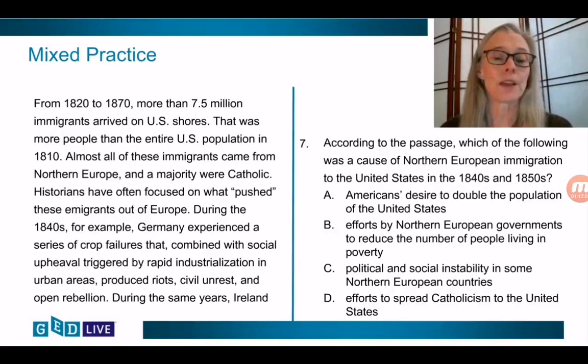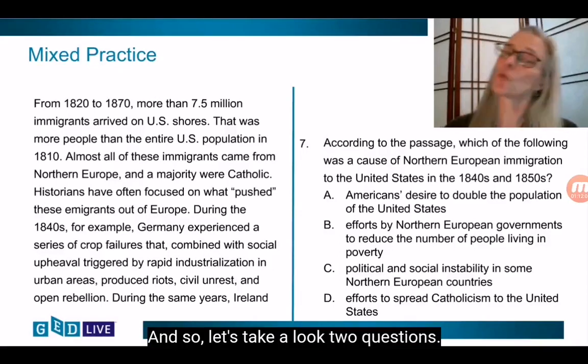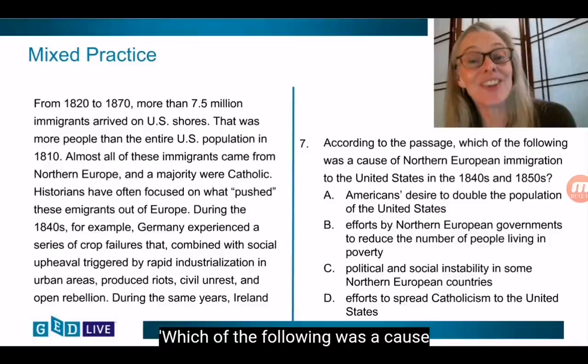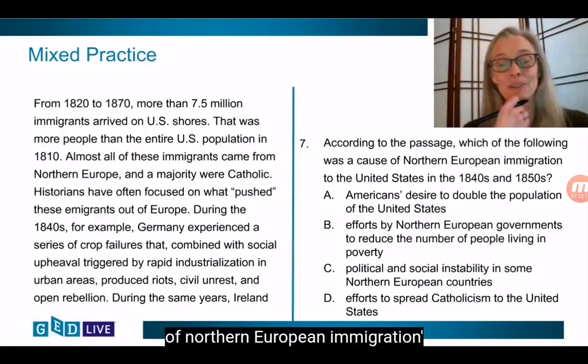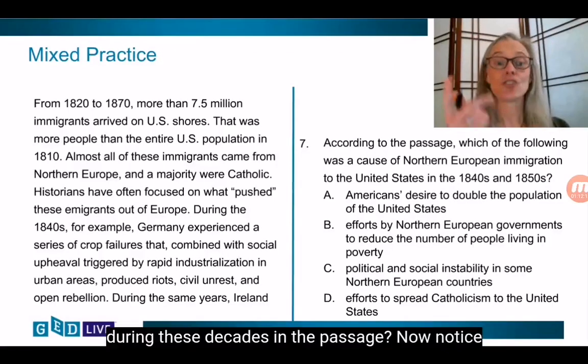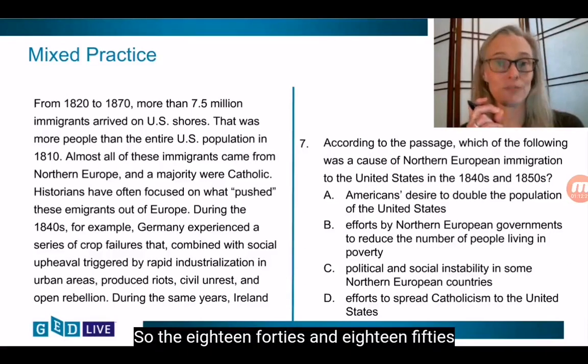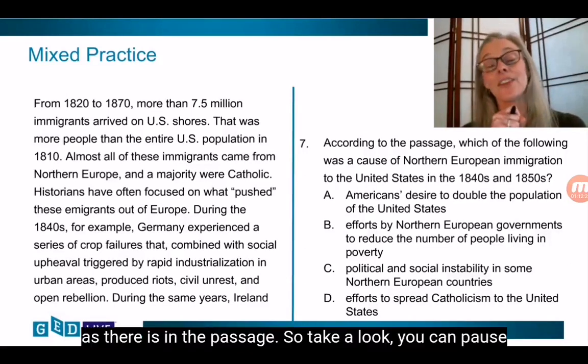Good. And so let's take a look at two questions. Which of the following was a cause of Northern European immigration during these decades in the passage? Now notice that there's a very specific reference to the 1840s and 1850s as there is in the passage. So take a look.